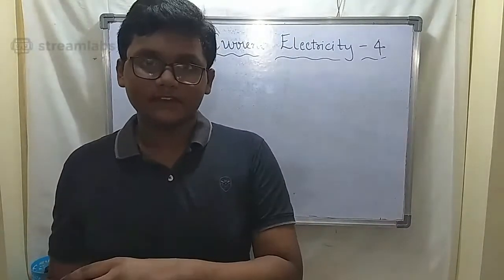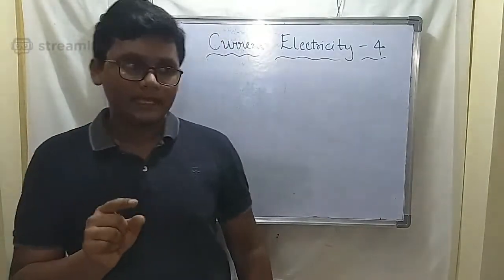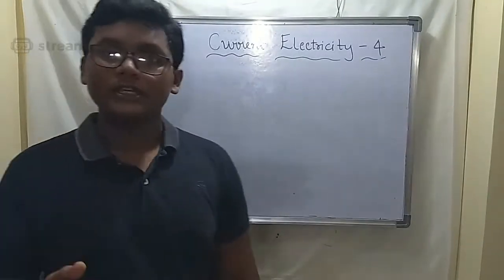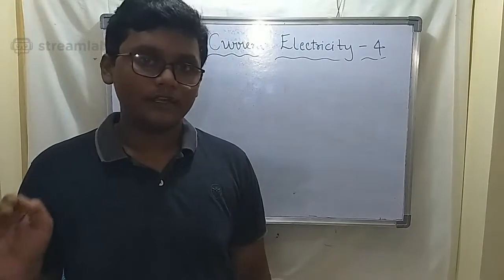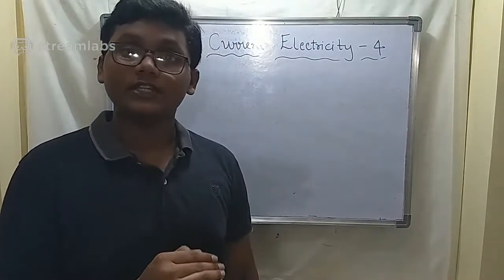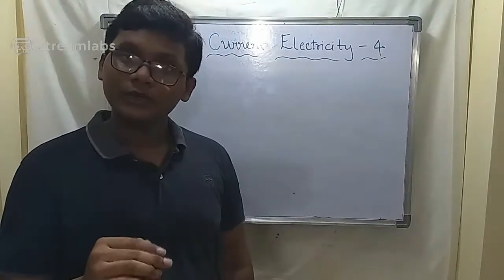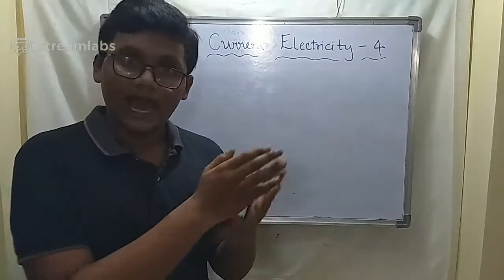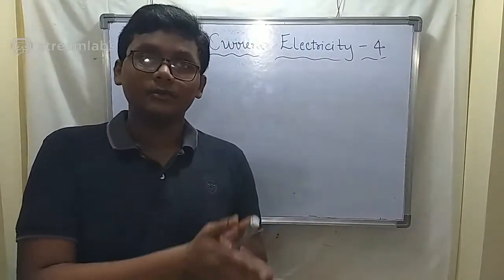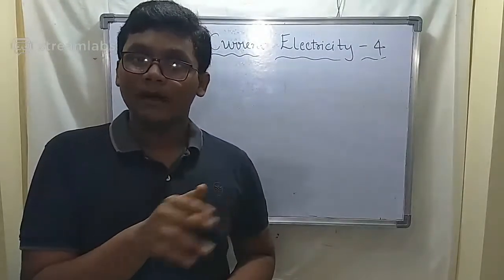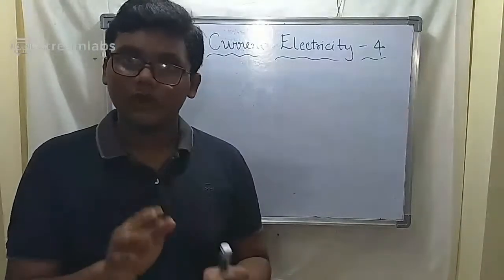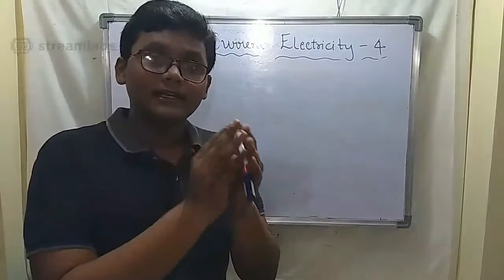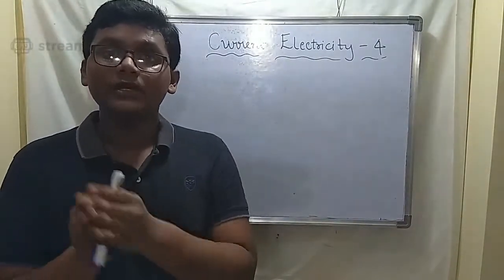For temperature dependence of resistivity, rho is equal to rho naught into 1 plus alpha into delta T. For temperature dependence of resistance, R is equal to R naught into 1 plus alpha delta T. And alpha for resistivity is delta rho by rho naught into delta T, and for resistance alpha is delta R by R naught into delta T.